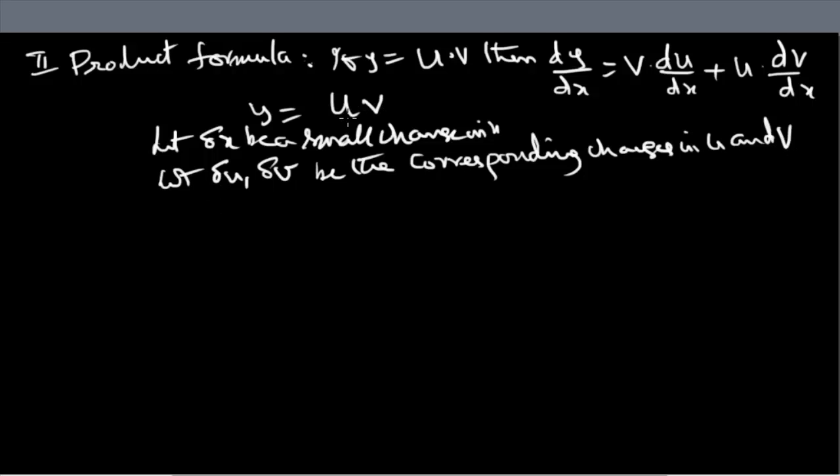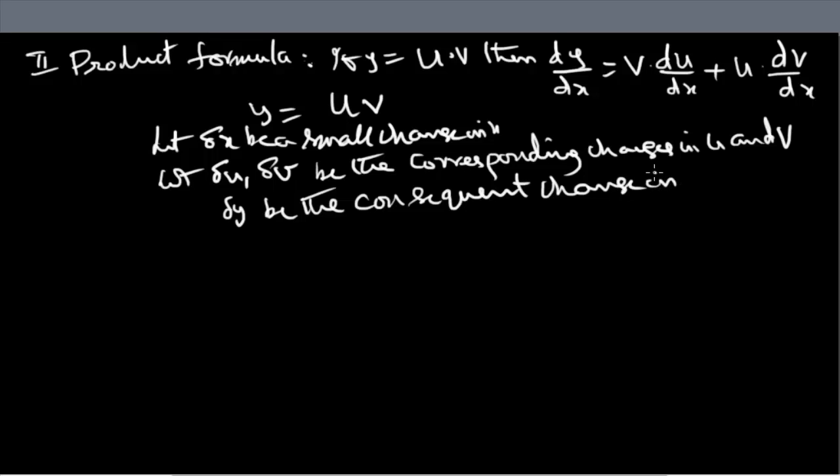Because there are changes in u and v, there will be change in y, because y is a function of u and v. So delta y be the consequent change in y. Then y plus delta y is equal to u plus delta u multiplied by v plus delta v.